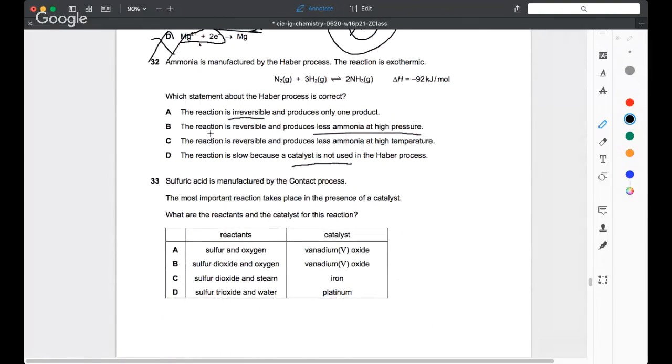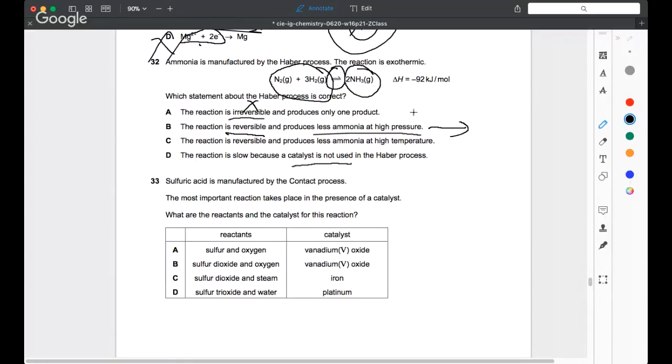Let's look at them one by one. A, reaction is irreversible. That's wrong because there is a reversible sign. B, yes, it is reversible, but more ammonia is produced at high temperature because... high pressure will favor the equilibrium to the right, because the right hand side has fewer gas molecules than the left hand side.